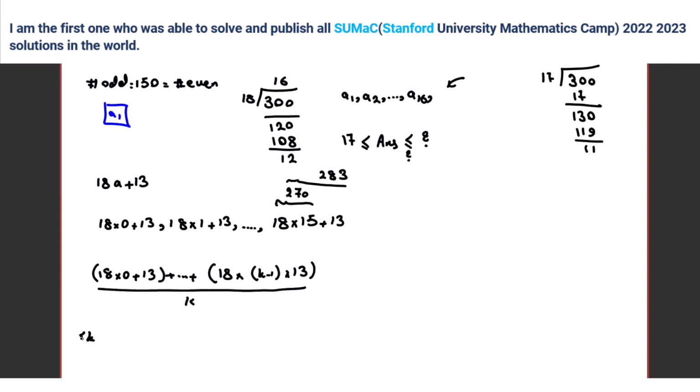That k is at least 1, first element to 15, to 16, right? So it will be what? 18 times k minus 1 over 2, which is 9 times k minus 1 plus 13k over k, right? Which is 9 times k minus 1 plus 13. Okay, good job. If you write in this order, it will be good.